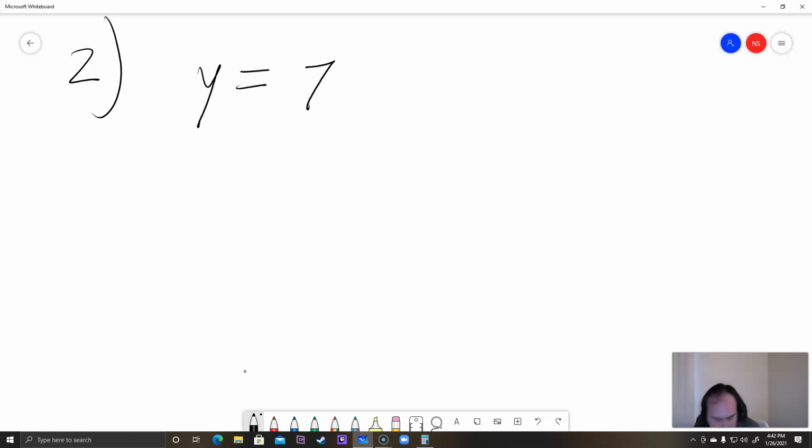Y equals 7 to the square root of s. I was on the wrong problem on my notes here. Okay, so we're doing y equals 7 to the square root of s. And I have trouble writing s on this tablet, but hopefully that looks like an s and not a 5. Okay, so we have y equals 7 to the square root of s.